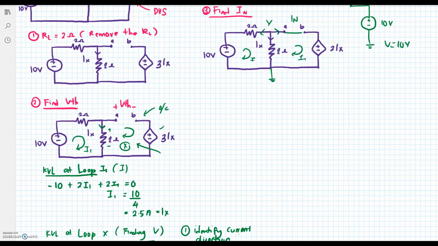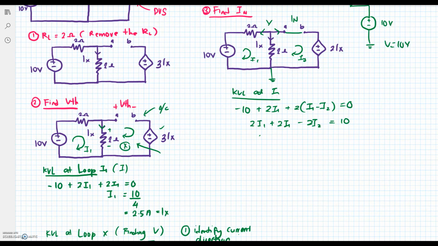So I want to solve it using the mesh. So KVL at I1: minus 10 plus 2 I1 plus 2 (I1 minus I2) equal to 0. 2 I1 plus 2 I1 minus 2 I2 equal to 10. 4 I1 minus 2 I2 equal to 10.